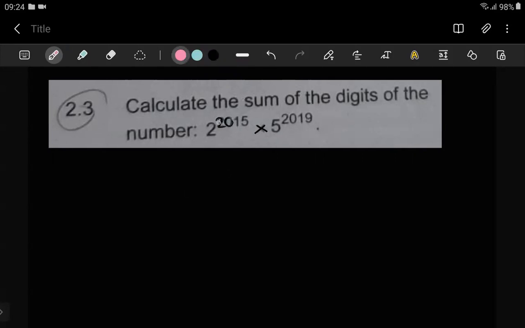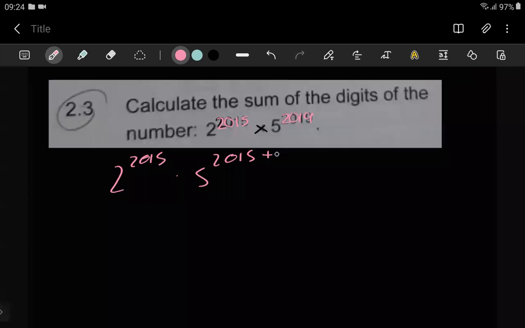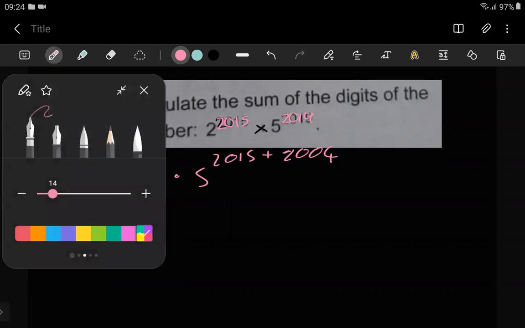So we have 2 to the power of 2015, and this one we can write as 5 to the power of 2015 plus 2004. Do you see what we just did? We broke up the 2019 into 2015 and 2004, because that's a common way to deal with huge numbers. When you see your exponents are too big, focus on them, because they are the ones with the bullseye.